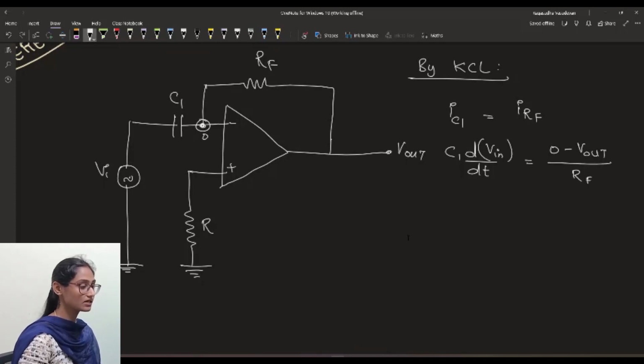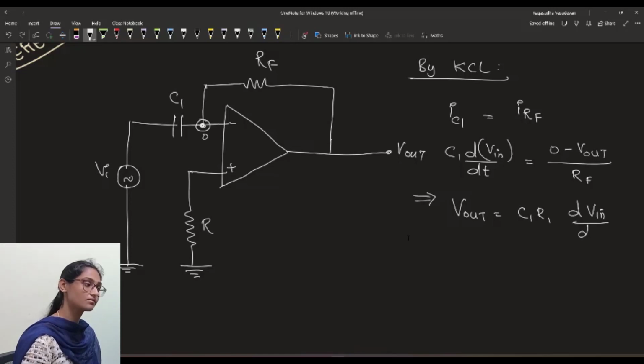So what is Vout? This implies that Vout is equal to C1 into RF times the differential of the input voltage, and that is why this is called a differentiator.